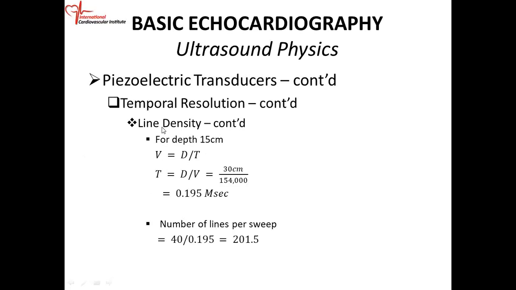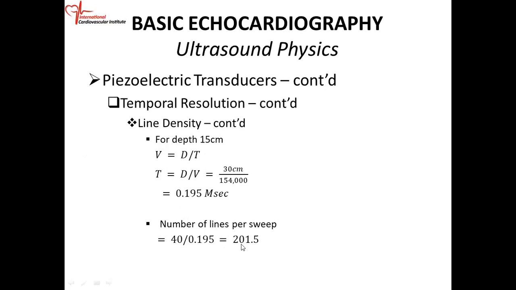And using the same depth of 15, the time is equal to the distance divided by velocity, same velocity. So each scan line is going to take 0.195 milliseconds. Then the number of lines per sweep, just like we did before, because each frame is 40 milliseconds, is 40 divided by 0.195.